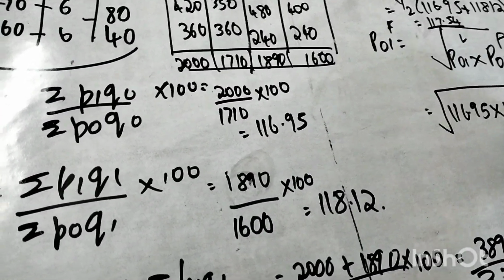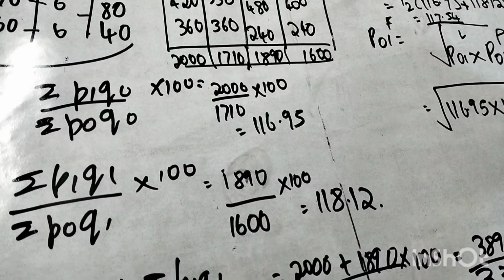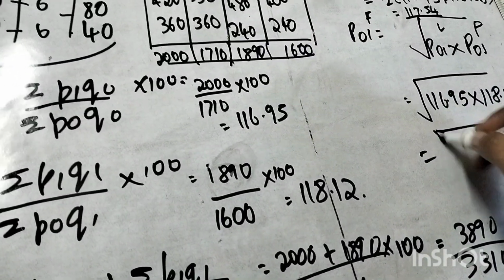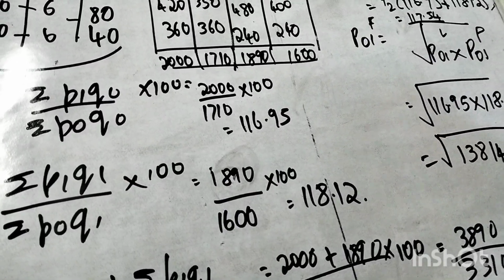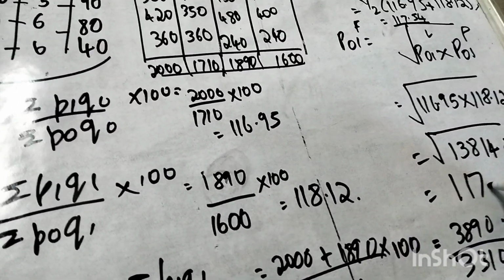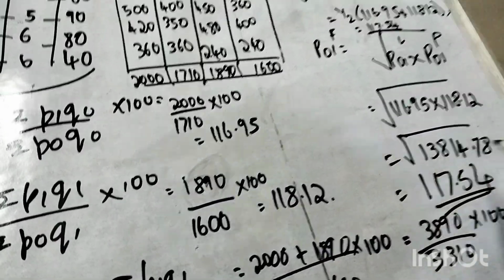116.95 into 118.12. So that's going to be the square root of 13814.78. So that's going to be 117.54.